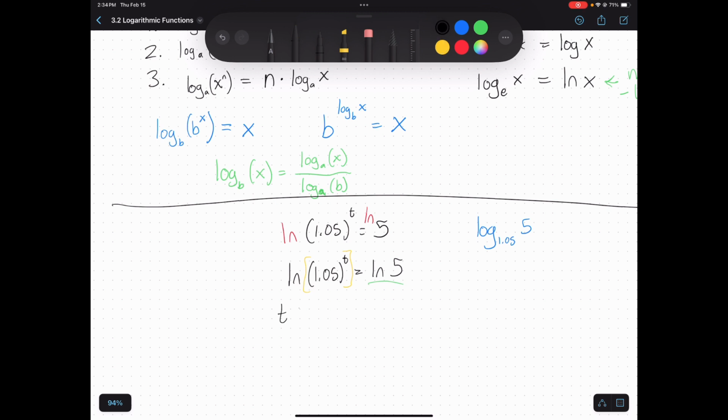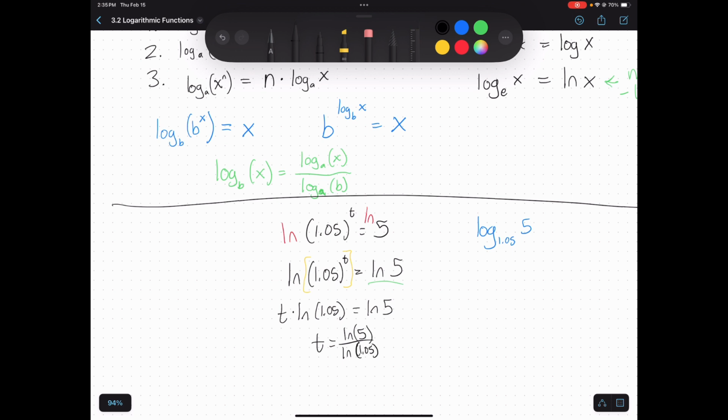And I'm left with t times the natural log of 1.05 equals the natural log of 5. And there we have it. I've done it. I was able to get the variable out of the exponent using my logarithm property. And now I can solve for t by dividing by the natural log of 1.05. And I'm left with this.